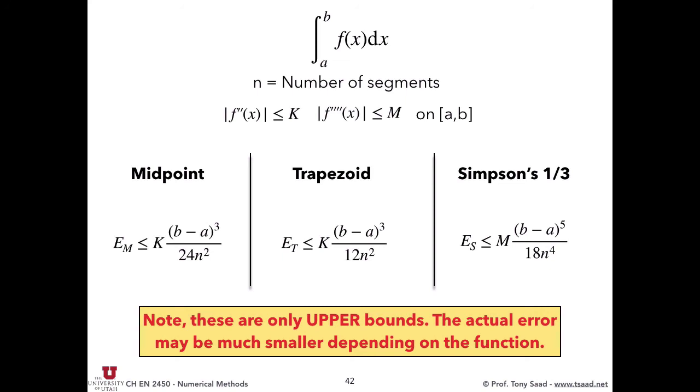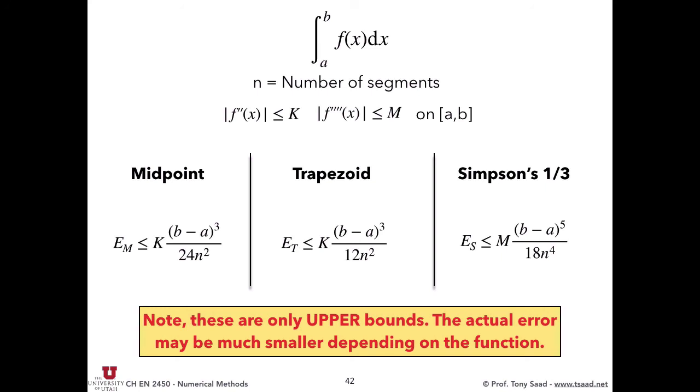With the midpoint rule, you get K, B minus A cubed over 24n squared, okay? K is a constant that is related to the average second derivative along the interval. So if you look at the function, plot the second derivative across the entire interval, okay? If you take the average of that second derivative, that gives you an approximation for what K is.